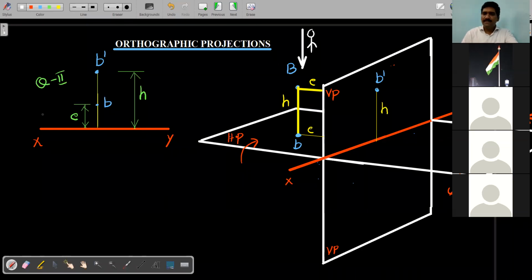Tell me, what is the front view? What is the top view now? Sorry, what is HP? What is VP now? Can you tell me where HP and VP are? This is VP and this is also HP. Let me tell you a small point, all of you.